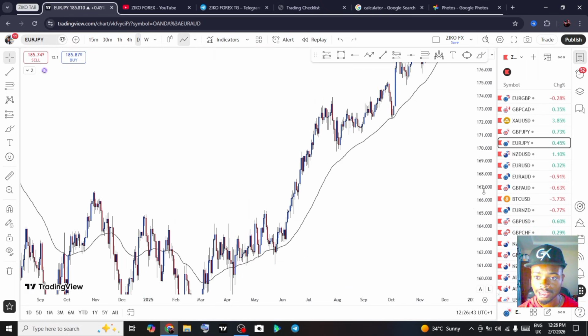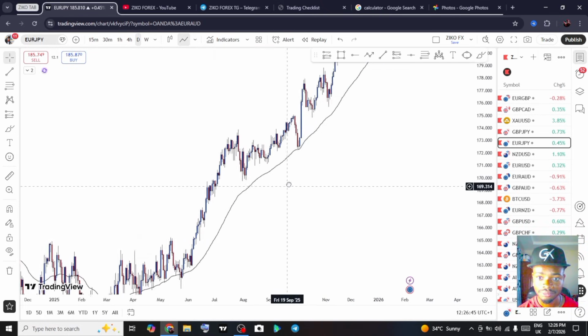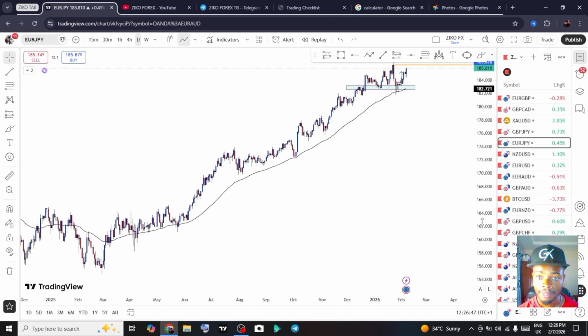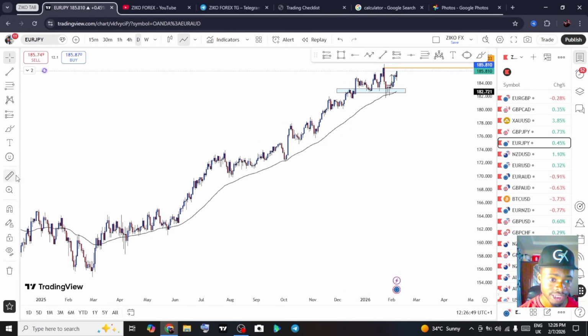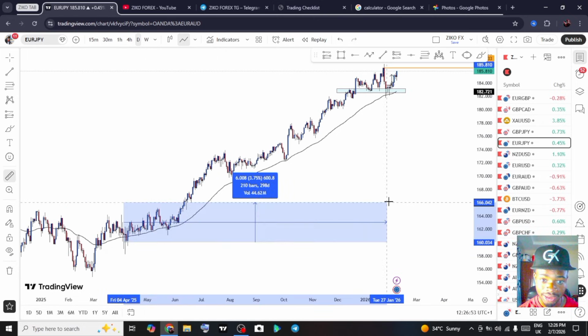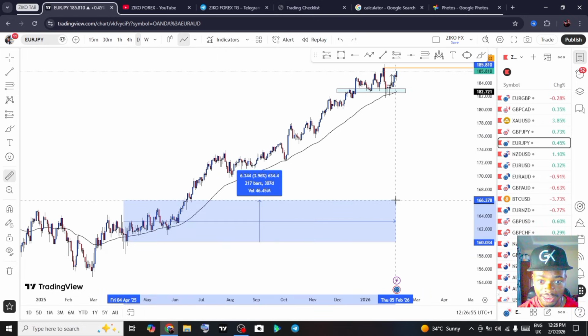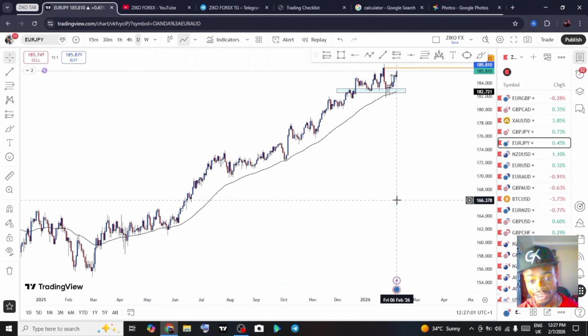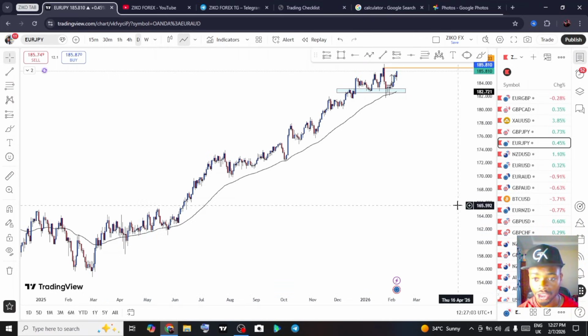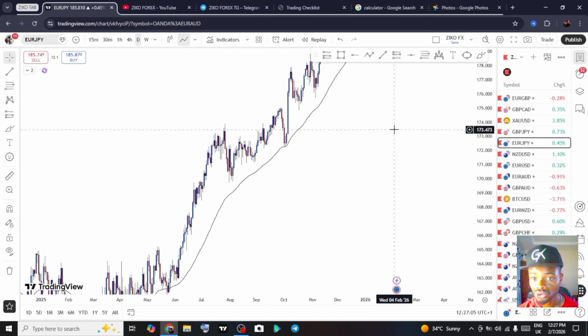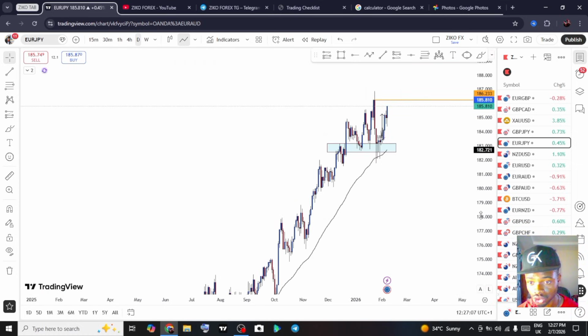Alright, so since this point to current market price, let me explain that. Since this point, price has been trending upward, right? So for, as you can see, 308 days, Euro has been stronger than JPY, right? So it just shows that this overall market structure is bullish.